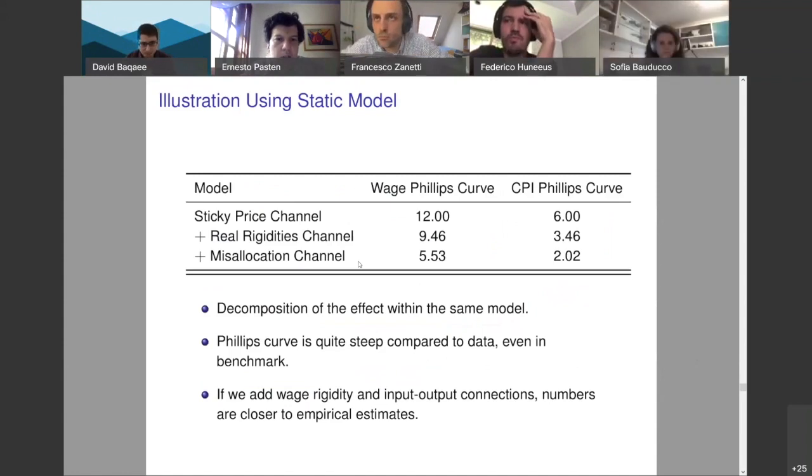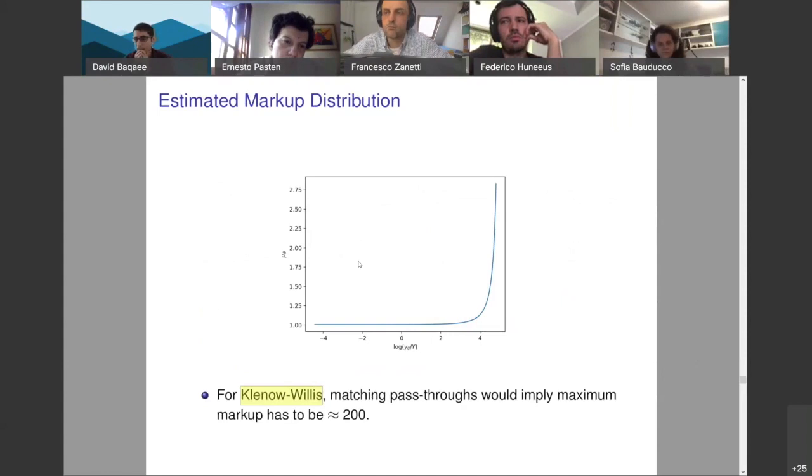David, very quickly on the last slide. Yes. So what are the magnitudes on the y-axis? This one. 2 means, for instance? 2 means a markup of, so 1 means no markup. That means price equals marginal cost. 2 means your markup is like 100%.